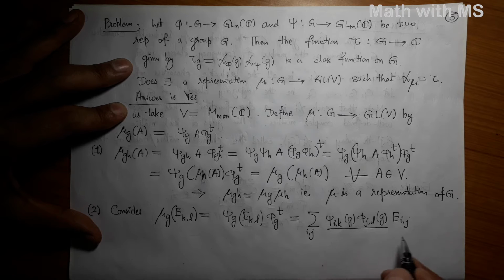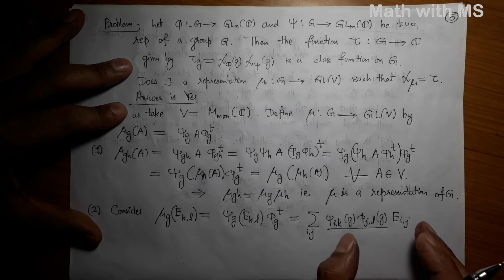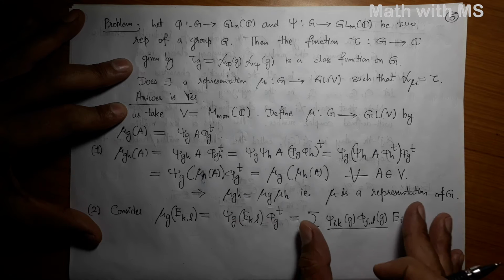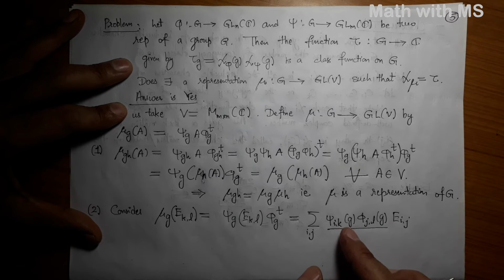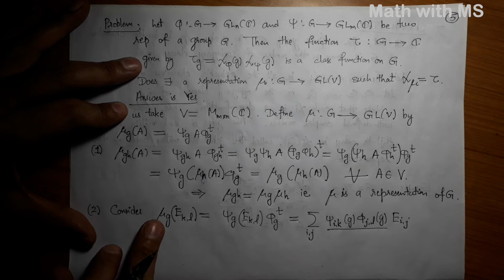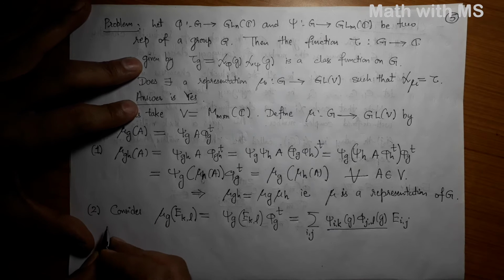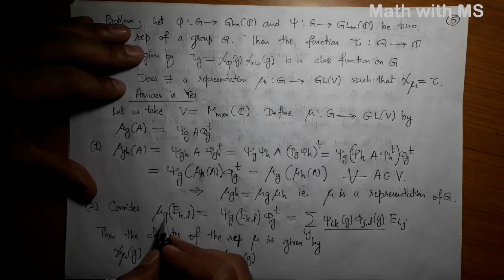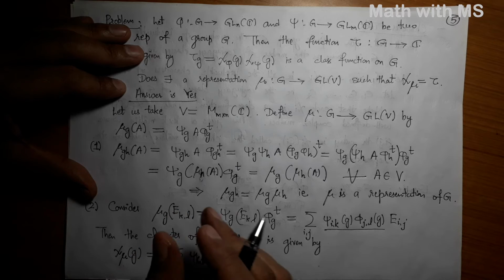Alright, you can actually directly check, and how you can check is find out the ijth entry of this product, and you can see that the ijth entry of this product is simply psi ik of g and phi jl of g. So now once you have this, we can easily find the character of the representation mu. The character of the representation mu is given by chi mu of g, which is the trace of the operator mu sub g, right? But what is the trace of this operator?